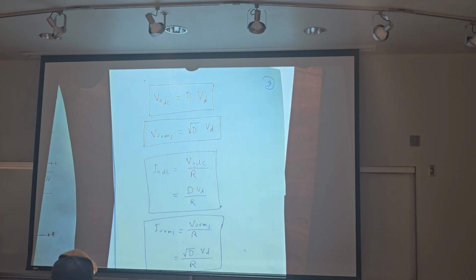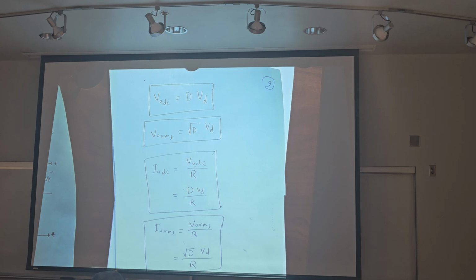Also the DC, just to indicate the RMS, but the RMS is not an area. Why? Because VD squared is not area, but VD times time is the area under the curve. VD squared times T is not area. This is AC.